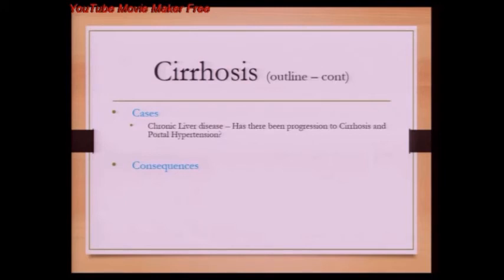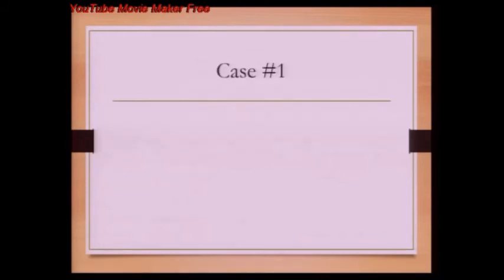And let's talk about some of these consequences of portal hypertension, the badness that I keep referring to. Case number 1, and I'm going to give you these cases and string you along for a while so that you can kind of think about it, and then we'll add a few concepts and come back to them. I hope they'll make a point about how we assess the significance of liver disease in real life. So we'll talk about case 1.